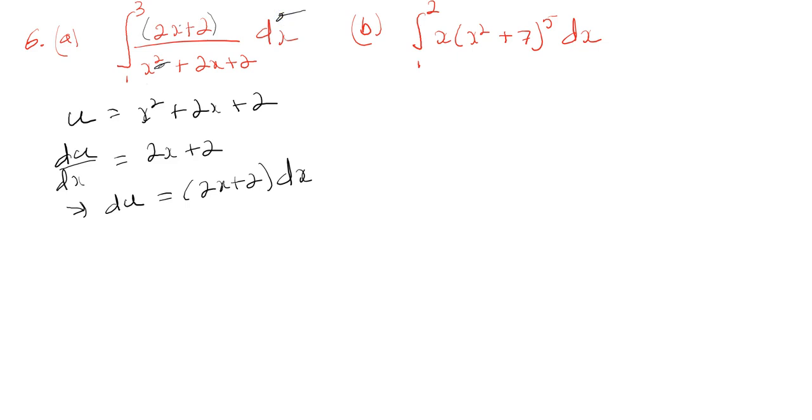So this problem essentially reduces to integrating from 1 to 3 of 1 over u du, because this whole thing is u.